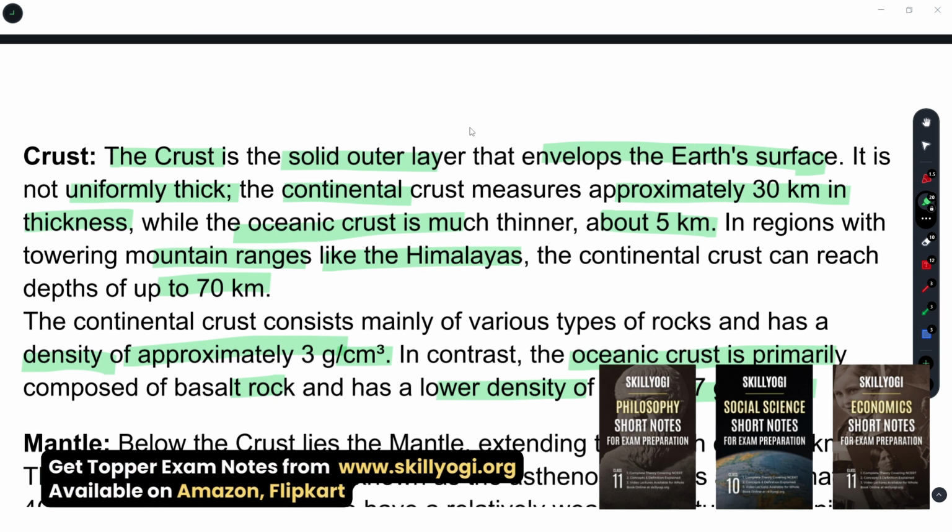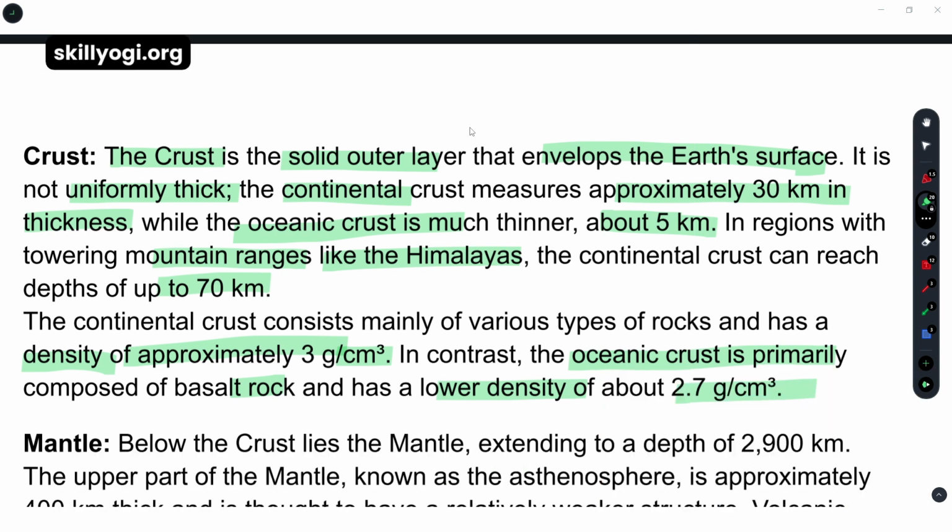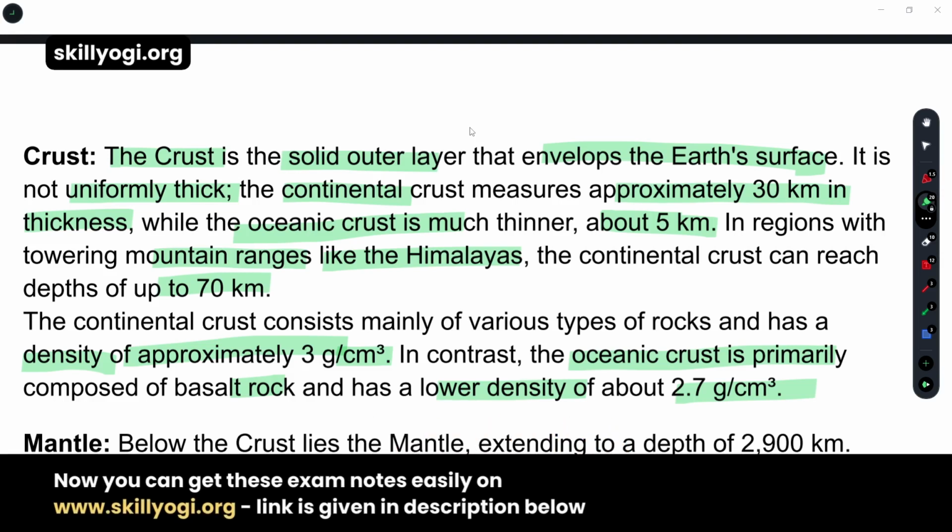So the information we gathered from this paragraph: first, it's a solid layer, the outermost layer. Second, there are 2 different parts: the continental part and the oceanic part. Continental crust is approximately 30 km thick, whereas oceanic crust is much thinner, about 5 km.